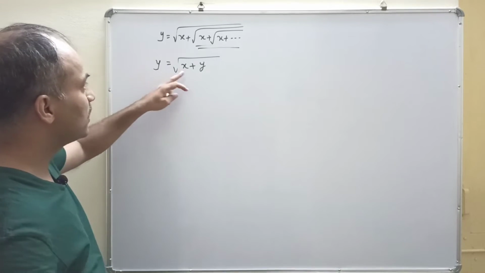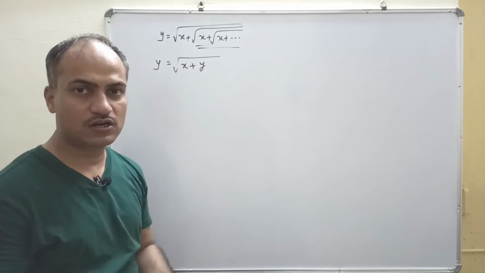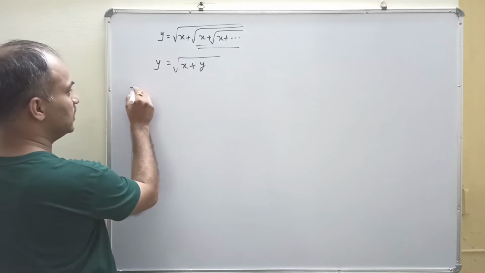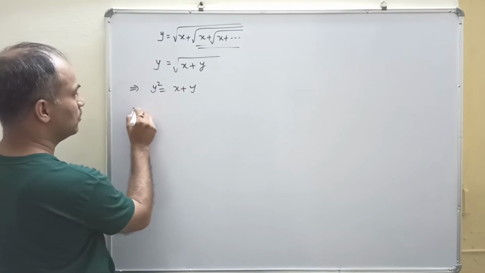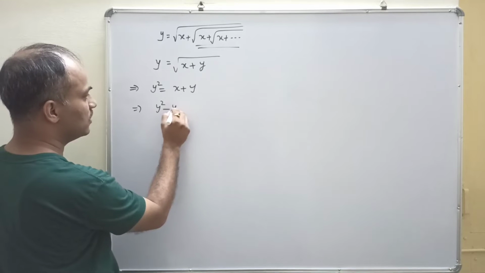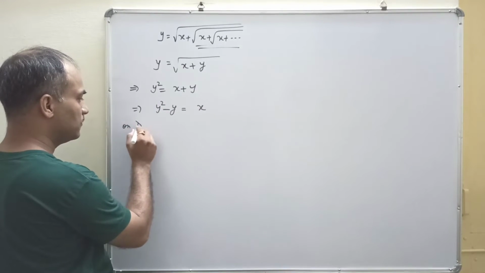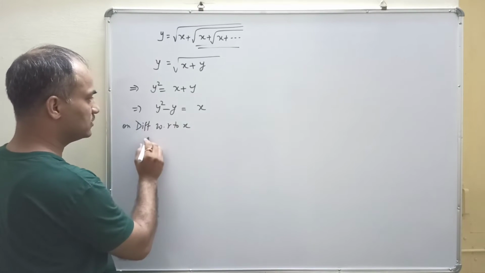Now we can apply a few methods. We can square both sides or we can take logarithms. There are two methods available here. So let us square both the sides. We get y square is equal to x plus y, or y square minus y is equal to x. Now on differentiating with respect to x, what do we get?